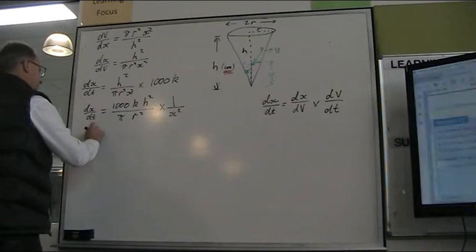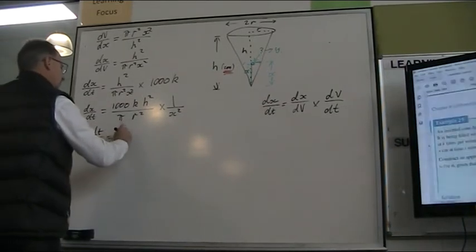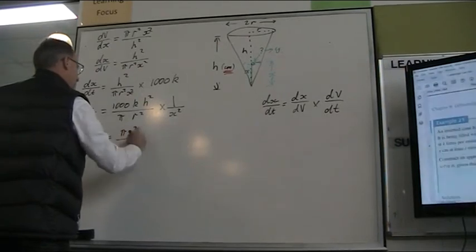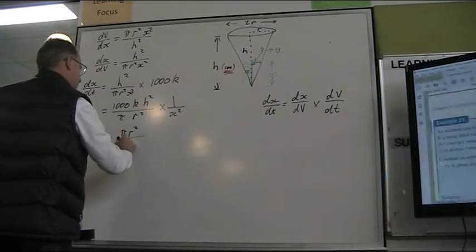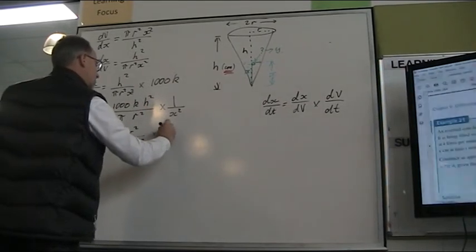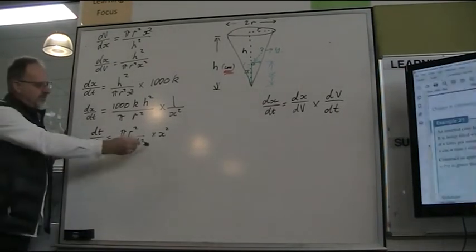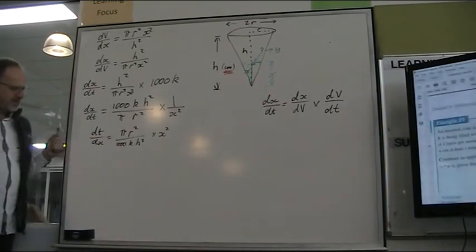So let's flip it. dt/dx equals πr² over 1000k h² times x². Yes? All right, and then we've got that, and we've got to anti-differentiate.